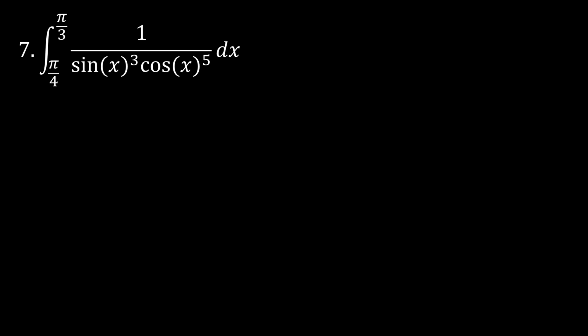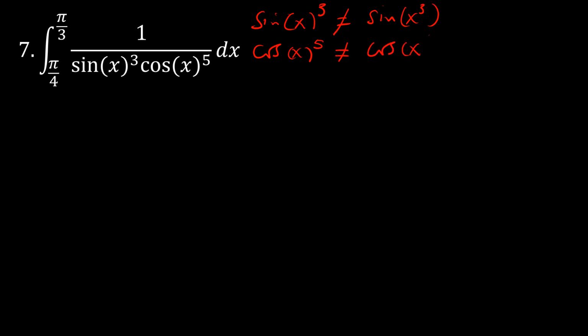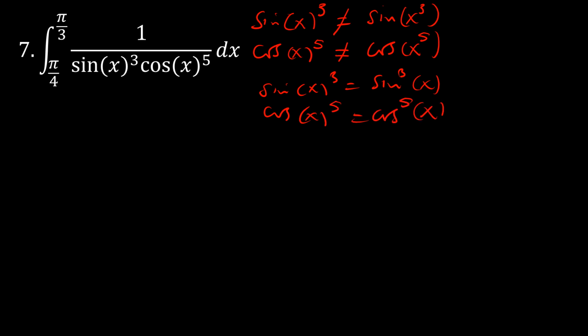Now notice sine x to the power 3 is not equal to sine x cubed in the sense of a different reading; rather, sine x to the power 3 is the same as sine cubed x, and cosine x to the power 5 is the same as cosine to the power 5 of x.